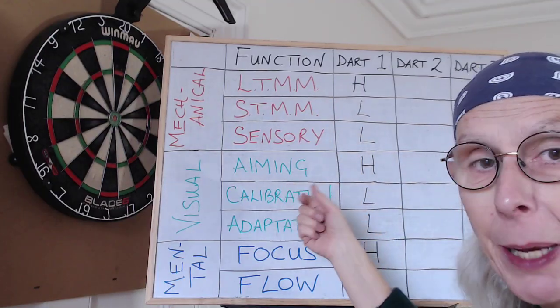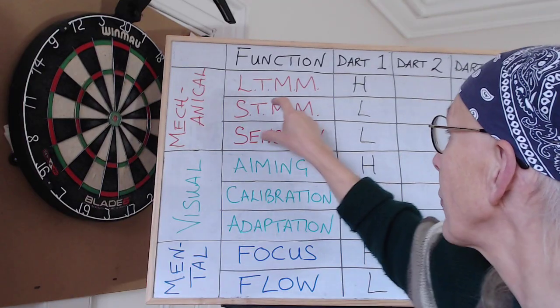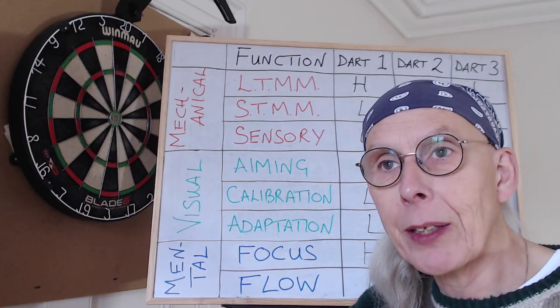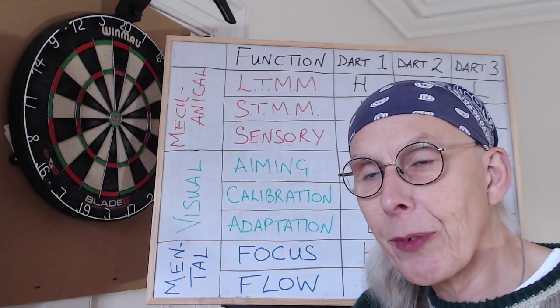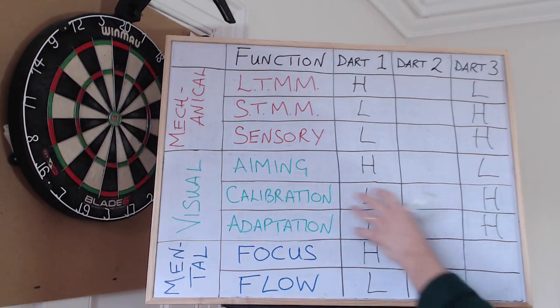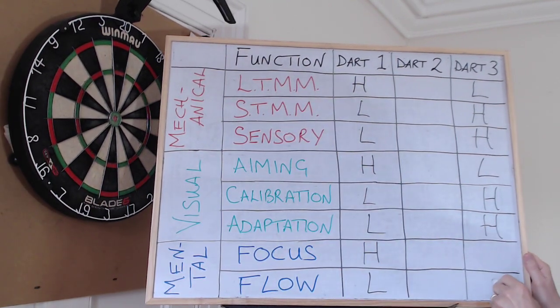The visual feedback loop is always on. I mean, you can't really not see, you know, but this one will have died away. But I'm assuming here for players that essentially throw their darts within, let's say, between 3 and 10 seconds, then these two feedback loops are fully operational and you are in a flow state on that third dart, and the focus state is pretty much switched off at that point.